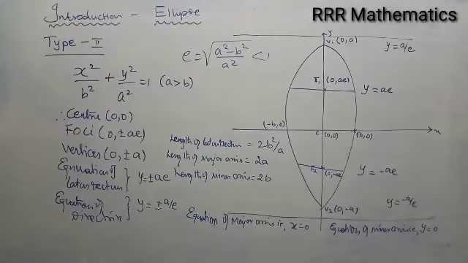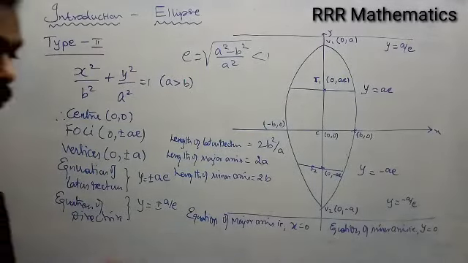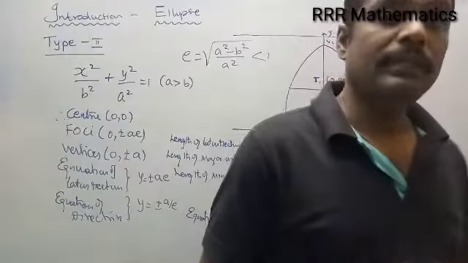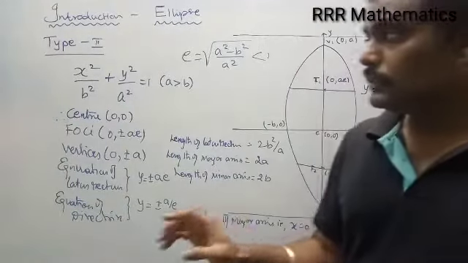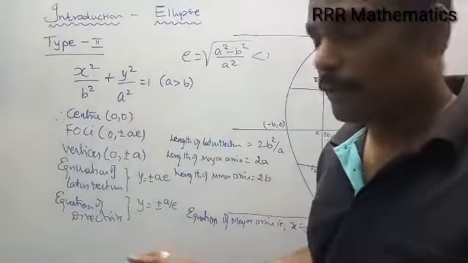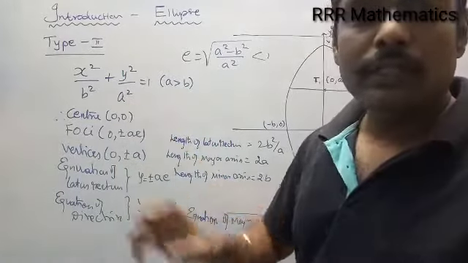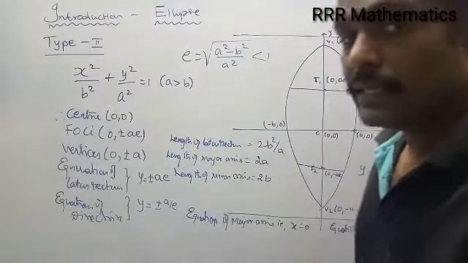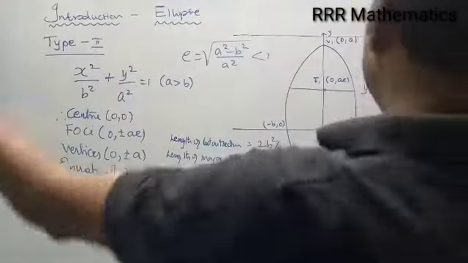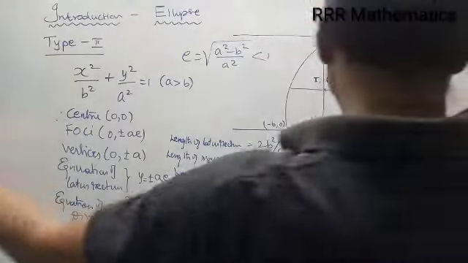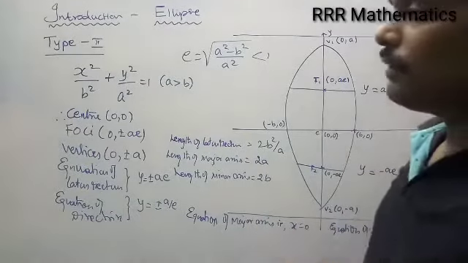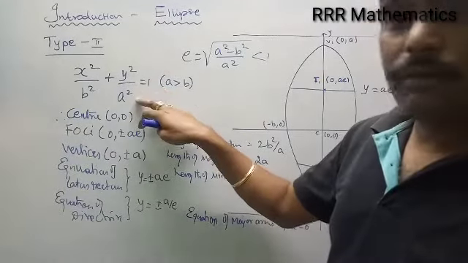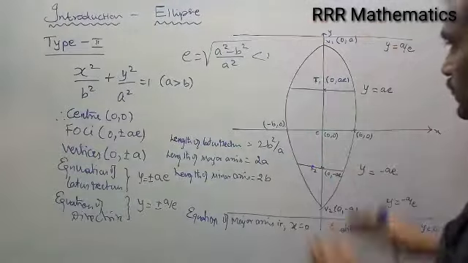Those are the equations. Here, you should know mainly how to identify type 1 and type 2. Very simple, bring into standard form. See the denominator value. If the greatest value appears in the denominator of x square, then the ellipse will be like this, horizontally. Okay, if the greater value appears in the denominator of y square, the ellipse structure will be like this, vertically.